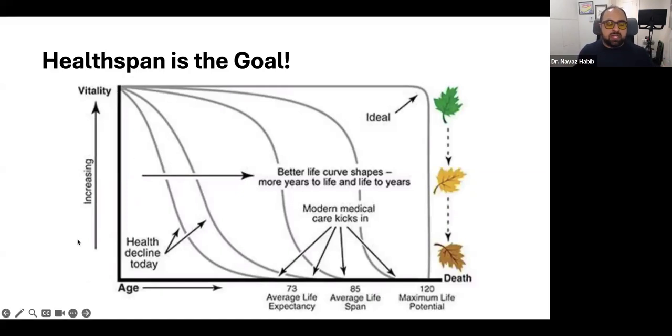I love this image because it shows how the ideal situation is that we're vital, living functionally and optimally as long as humanly possible until we reach the point of maximum life potential, which in theory is around 120 years, and then it's a big drop off and we're gone, right? The unfortunate situation is that today, the health decline is happening far more rapidly.